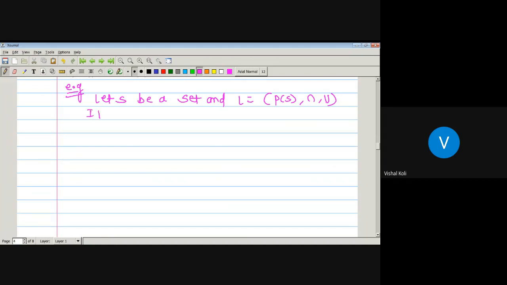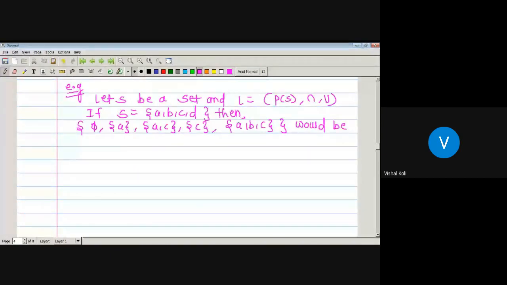Now if S is equal to {A, B, C, D}, and the set which contains the elements phi, A, AC, C and ABC is a sublattice.